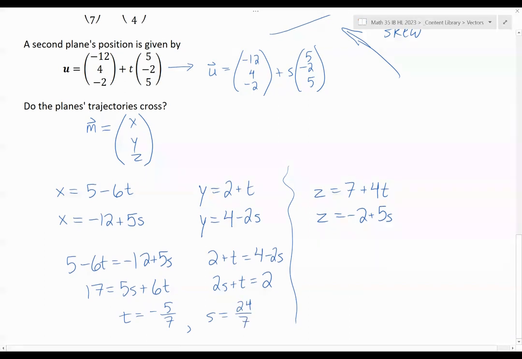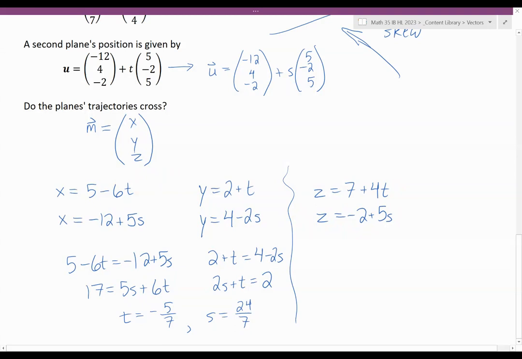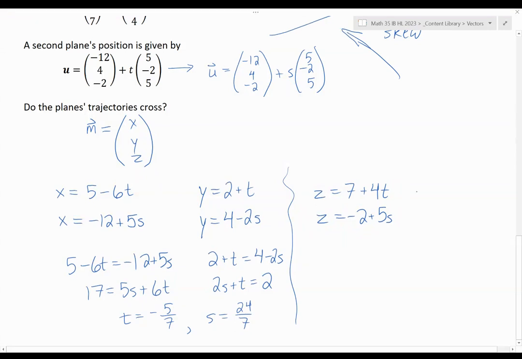So right off the bat, I can tell that this isn't at the same time. So if their trajectories do cross, it's not at the same time. So these planes definitely don't crash. But now to check if this actually works, I go into the next section here for the z's, and I determine, do these calculate the same value of z? Because in order for these to meet, that's what would have to happen.